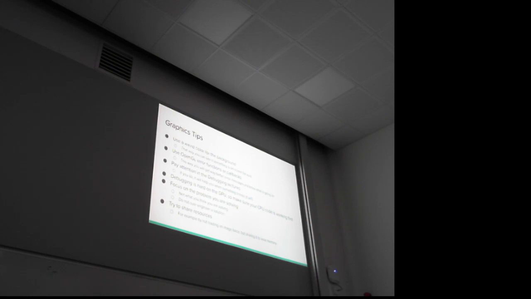Yeah, and OpenGL has error functions and error callbacks that you can use to get error messages and figure out what's going on. So if you forgot to call a parameter, if the parameter is wrong, if it's of the wrong type or something like that, you will actually get error messages back. The error callbacks are only available on OpenGL 4.3 and onwards. So if you don't support that, then you can't use those.